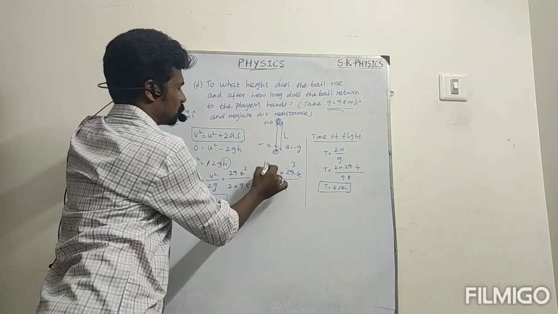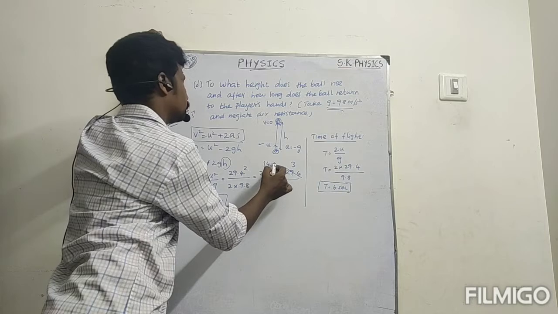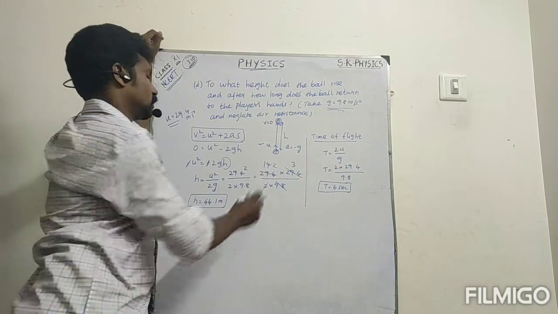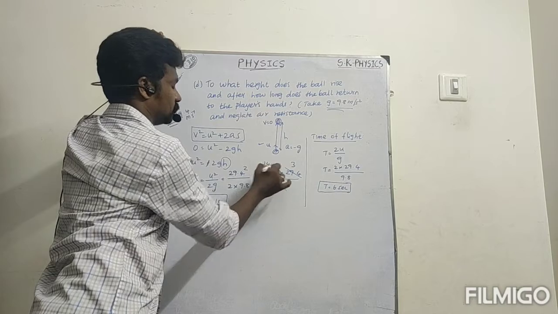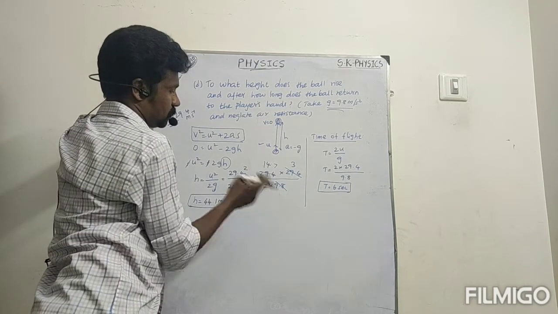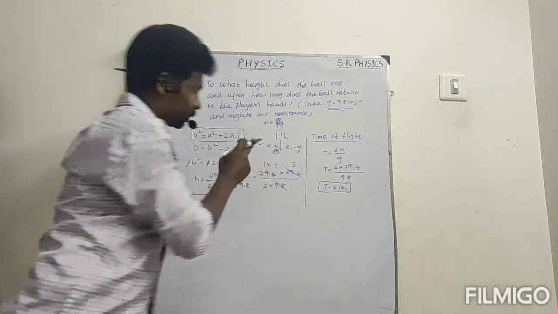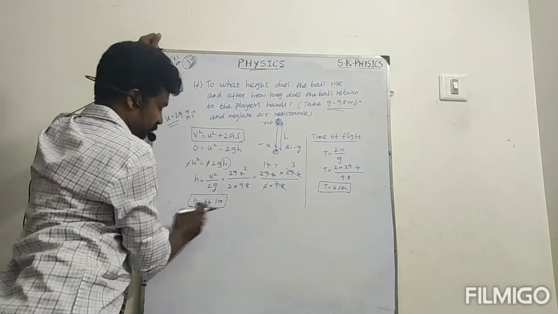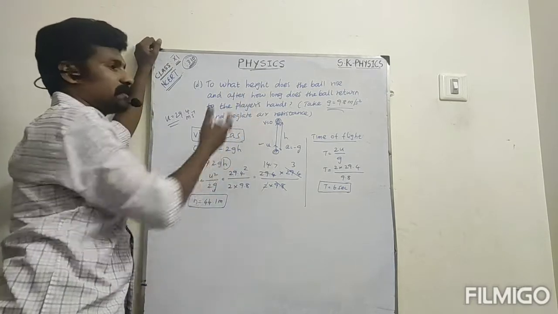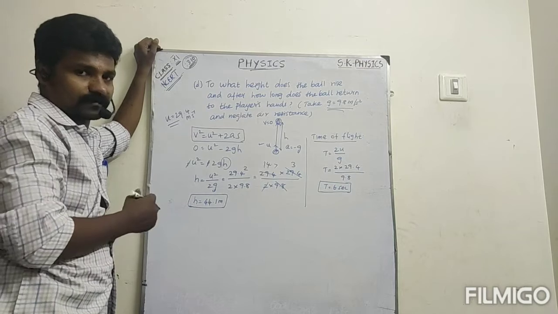This is 14.7. 7 plus 7 is 14, 14 plus 14 is 28, plus 1 is 29. So 14.7 into 3 is equal to 44.1 meter. So the height reached by the ball is 44.1 meter.